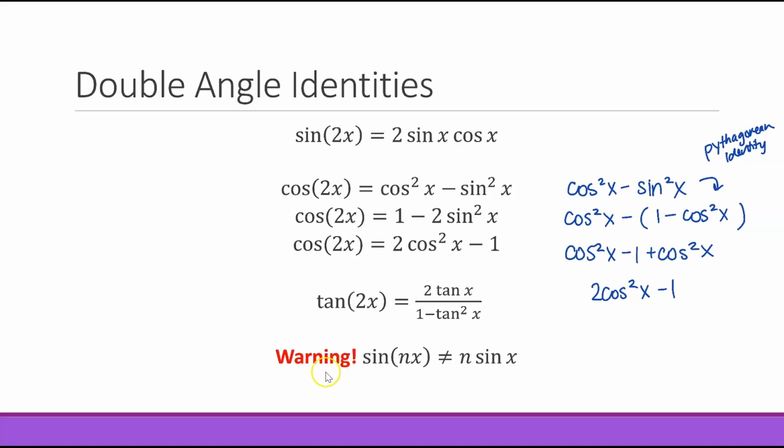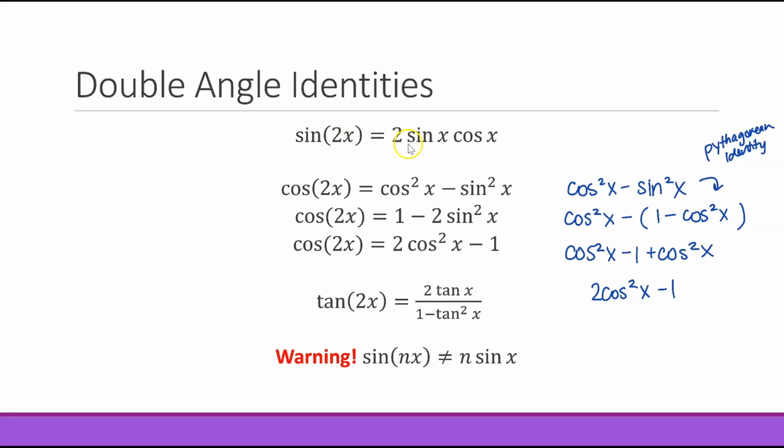Now, the last thing on here is a warning that I have, which is that if you have sine of a number times x, I cannot pull that number out to the front, right? So you can see directly right here how that doesn't work. So sine of 2 times x, sometimes students think I can pull out the 2 or divide by 2, but you can see right here that's not what's happening.